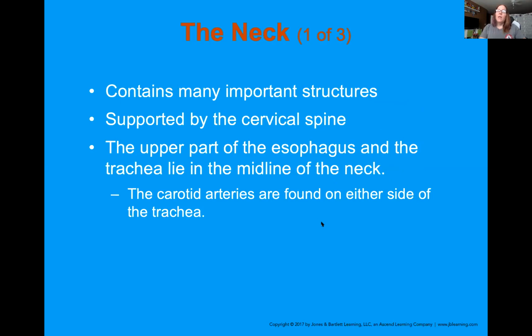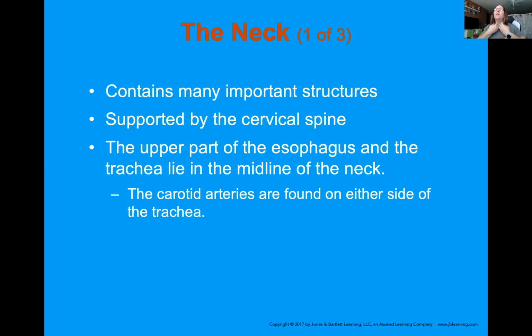All right, so the neck has a lot of important stuff through it. When you look at the neck, we know that we have the cervical spine behind us, and the nerves that go through the cervical spine, the plexus where they come off, control breathing, control our diaphragmatic movements, and then movement back and forth. So we know that damage to the cervical spine is bad, right? We've already covered that.